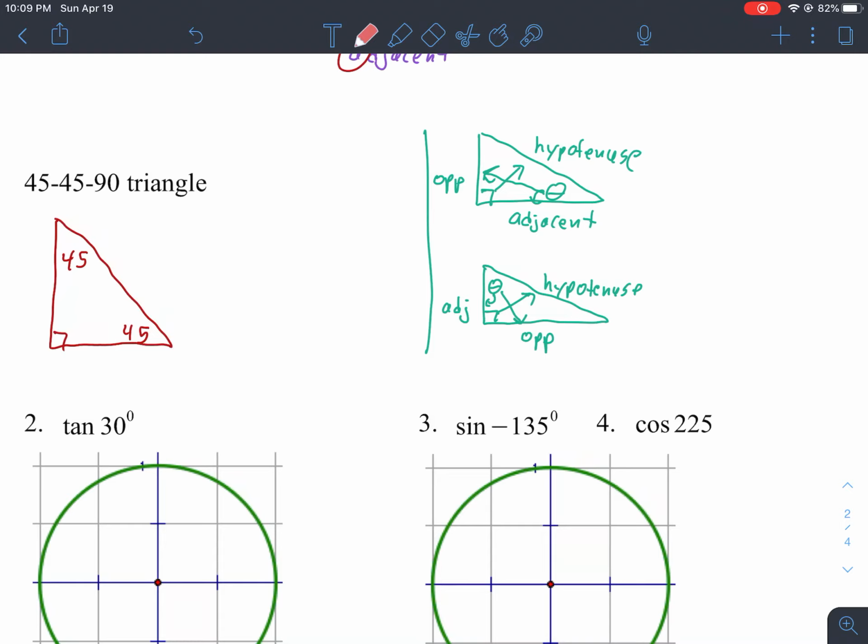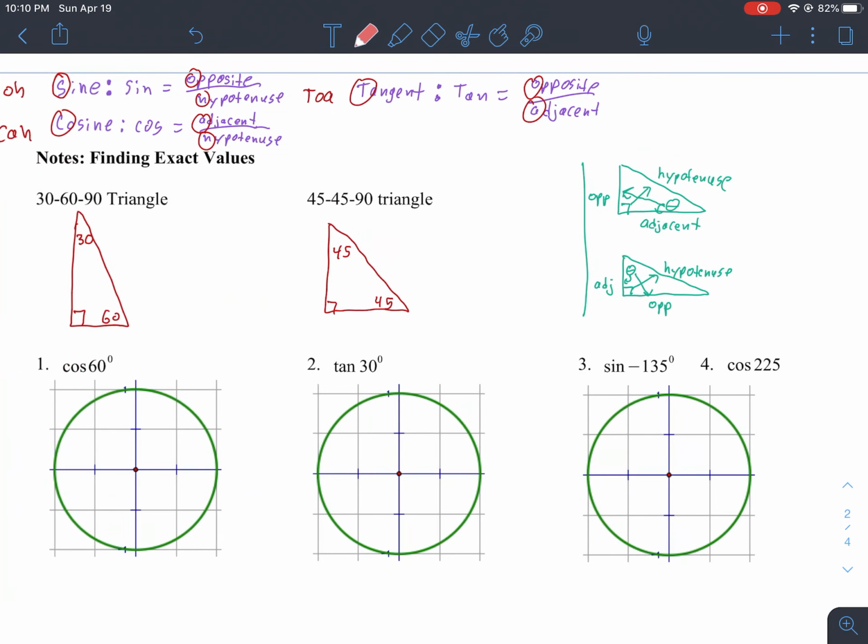No, look, the adjacent side switches positions depending on which angle we are working with. The hypotenuse stays the same, and the opposite side and the adjacent side are determined by the angle. Interesting. Okay.